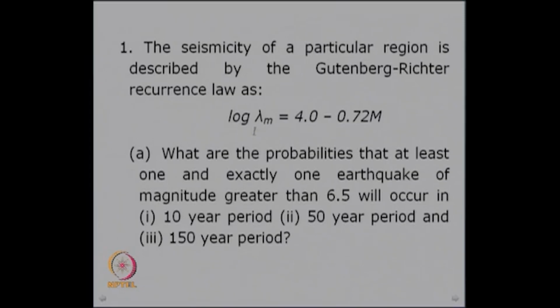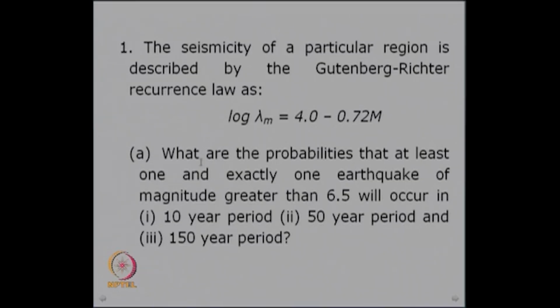We have already seen earlier in the course content that the typical Gutenberg-Richter recurrence law will be represented by this type of equation using these coefficients a and b. So, this is nothing but the Gutenberg-Richter equation for a particular region. Let us say the equation came out to be like this.